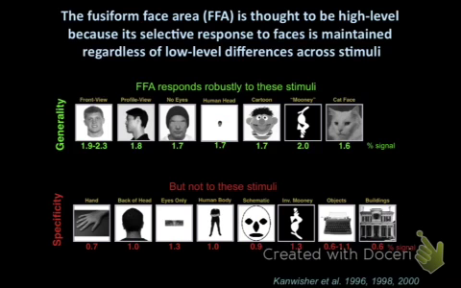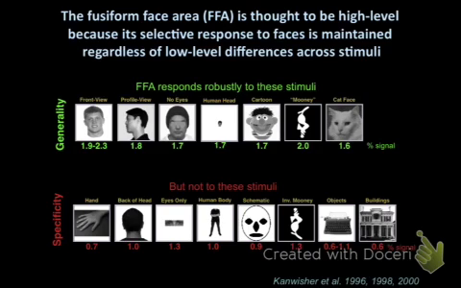Especially the lab of Nancy Kanwisher has been doing a lot of research characterizing these regions. This is a result from her experiment showing the kind of stimuli that the fusiform face area responds to and the kind of stimuli that it doesn't. Basically we characterize these regions as high level because they respond to many kinds of faces, irrespective of format.